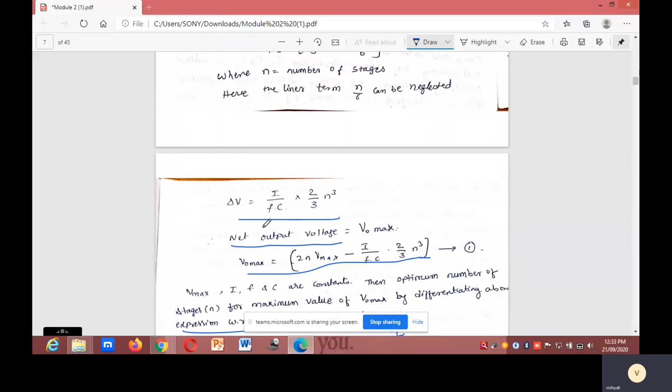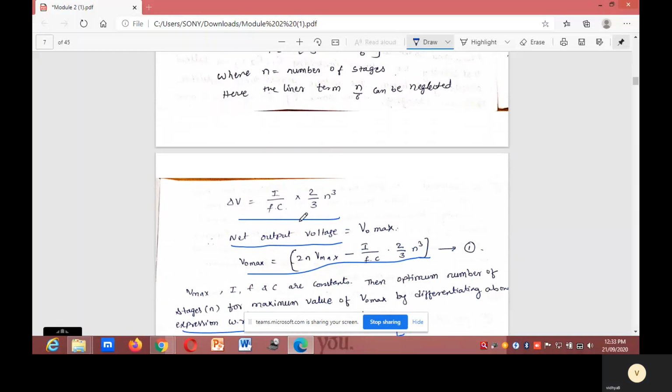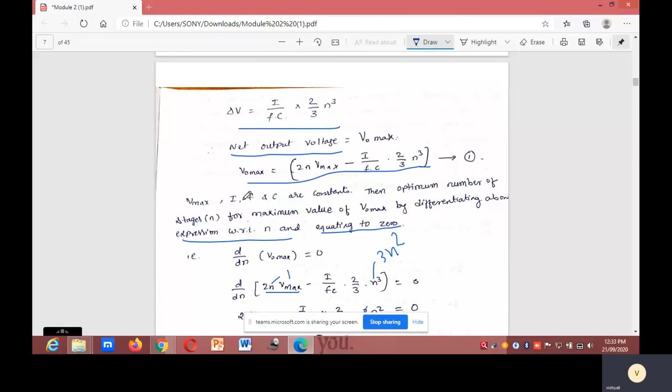We will get the equation delta V is equal to I divided by Fc times 2 divided by 3 n to the power of 3. Net output voltage is V naught maximum. V naught maximum is equal to 2n Vmax minus I divided by Fc times 2 by 3 n to the power of 3. That is 2n Vmax minus the voltage drop, which is the net output voltage.